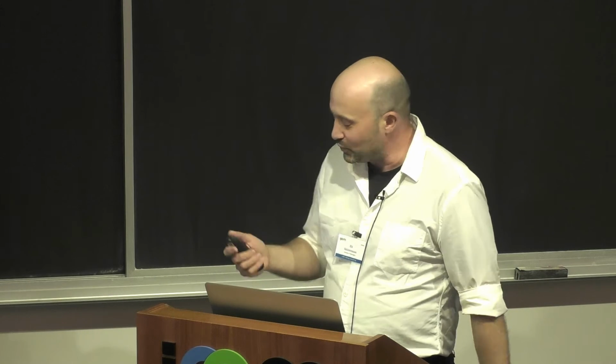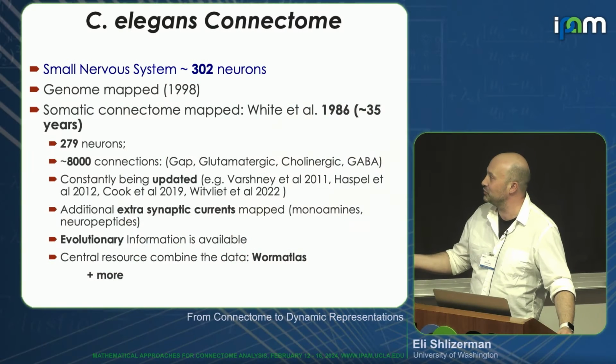So in terms of C. elegans, why focus on it is that it has a pretty tractable nervous system, about 300 neurons, 302.